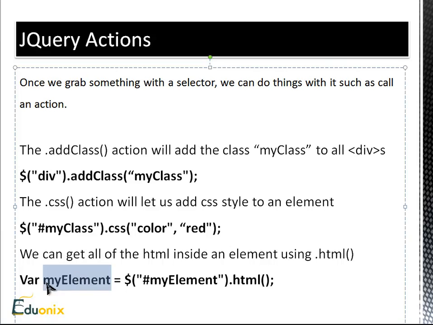So we're creating a variable which is equal to the element with the ID of myElement, and the .html is going to actually give us everything that's in that element. Okay, so whether it's a paragraph or images, a whole page, whatever it is, this is going to put all the HTML into this one variable, and then we can use that to do certain things.